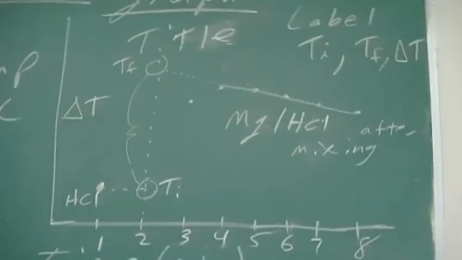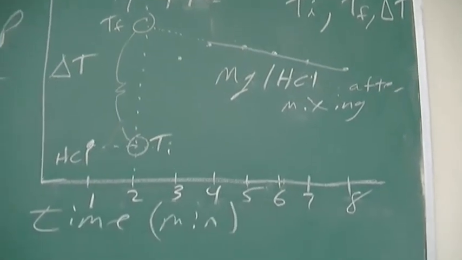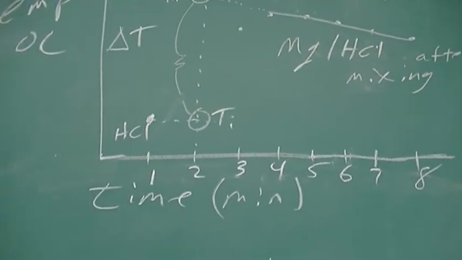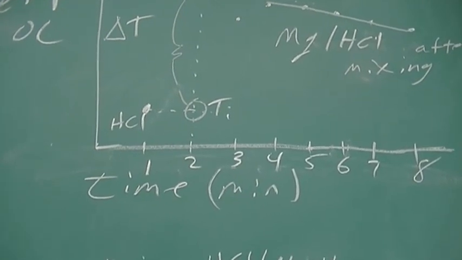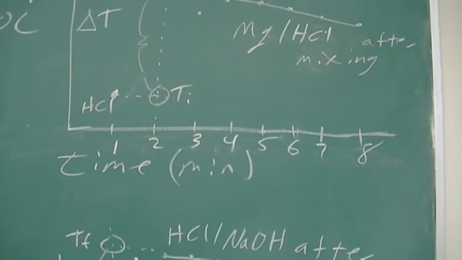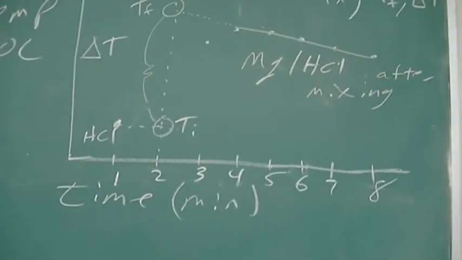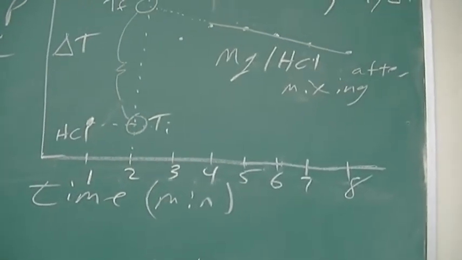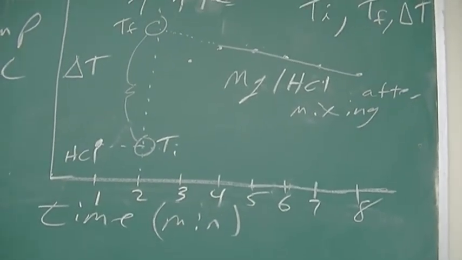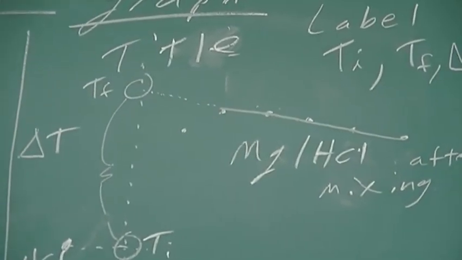Now, when we're doing the magnesium and your HCl, what you're going to find is a different story. Our initial temperature is still at 19, but we have many different data points. We go about 12 minutes on that. And so you're going to have to make a graph showing all of those points on the graph. And then you're going to have to extrapolate back to the time of mixing.